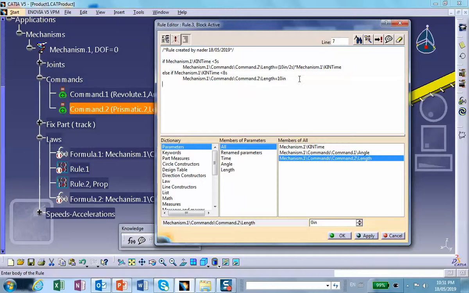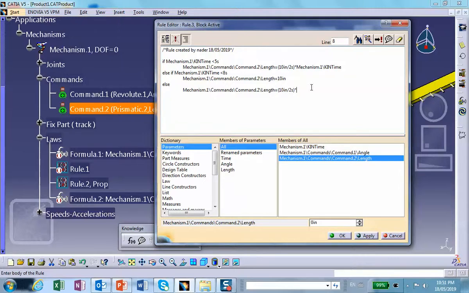Else, the last leg, length equal to, now look at that, it's going to go 10 inches in 2 seconds. It's the same profile that I had for the previous case. Oops, should be 10 inches in 2 seconds times, oh, do not forget to add in front of this 10 inches plus this.